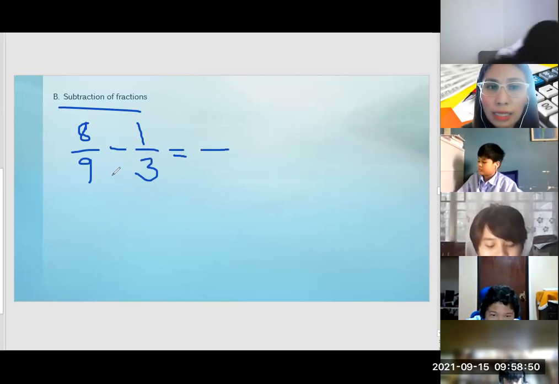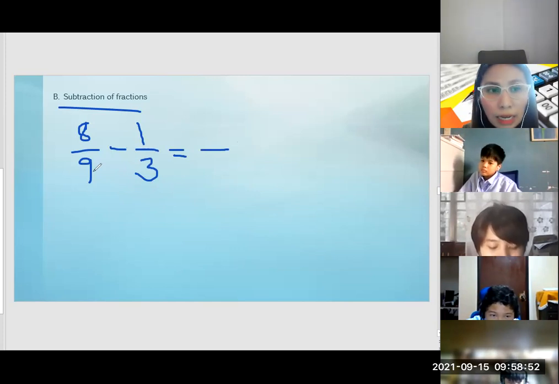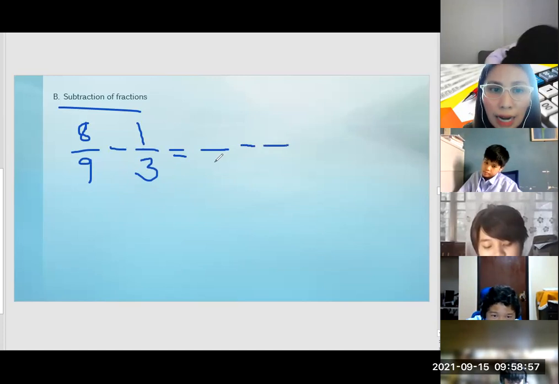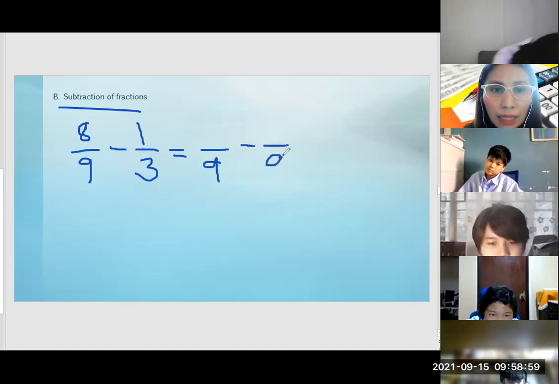Get the LCD first. The LCD of 9 and 3 is 9, right? 9 and then 9.